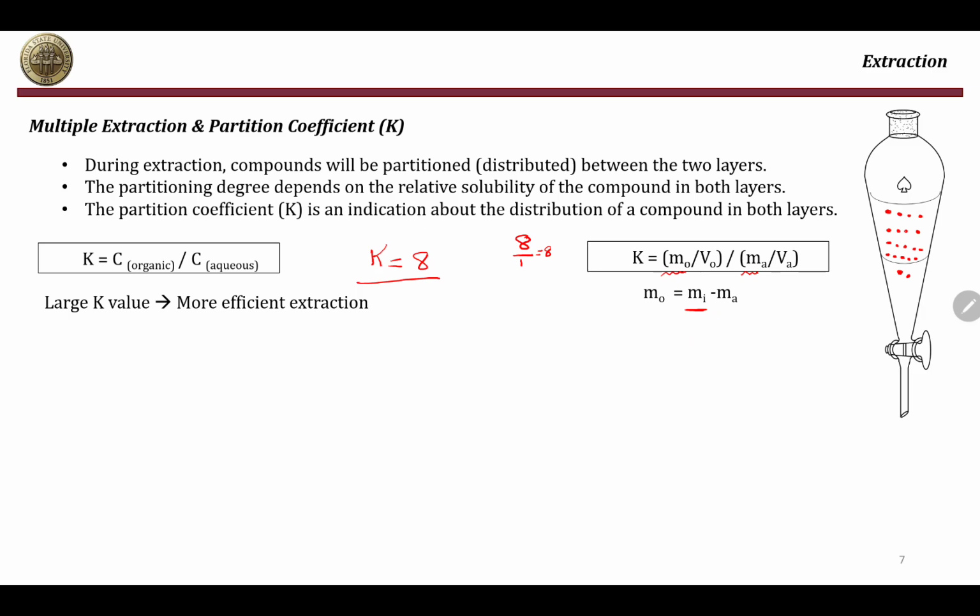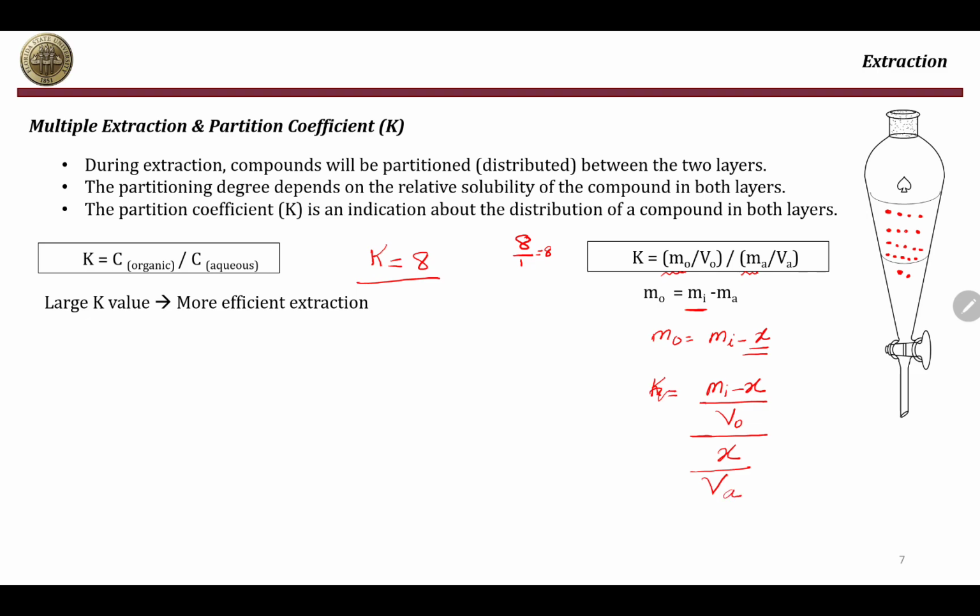So in this example, we can always assume that mass organic is equal to the initial mass minus x. So x will be the unknown, and by substituting the masses in this equation: mass initial minus x divided by the volume of the organic layer, over the mass in the aqueous layer, which is x, divided by the volume of the aqueous layer.